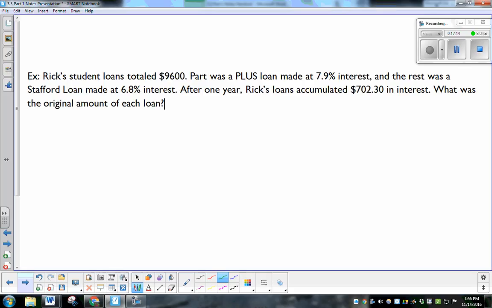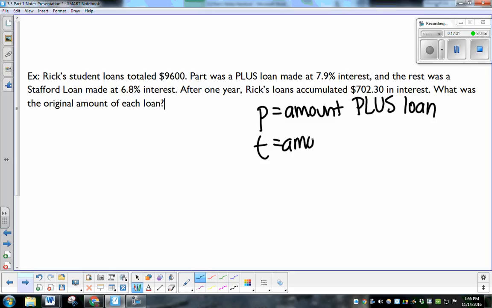So let's think about what two things we're looking at here. We're thinking about, well, how much was each loan? So let's pick our variables here. I'm going to use P as the amount of the PLUS loan, like how much did he loan out from this PLUS loan place? And then let's say T is the amount for the Stafford loan.